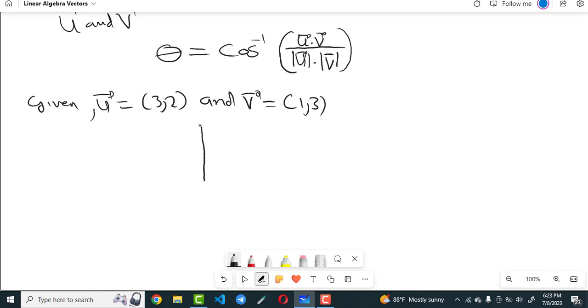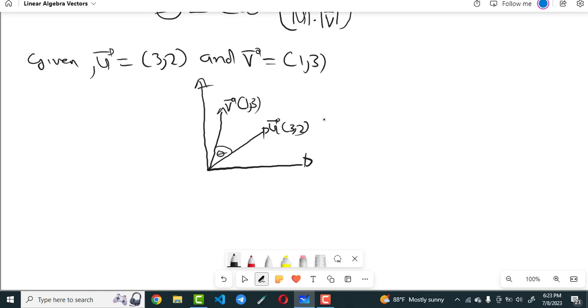If we represent this on a vector space, assuming this point is position vector u, where we have 3 and 2, and here is our position vector v with the points 1 and 3. The angle between the two vectors is this one. This is the angle theta that we are looking for.